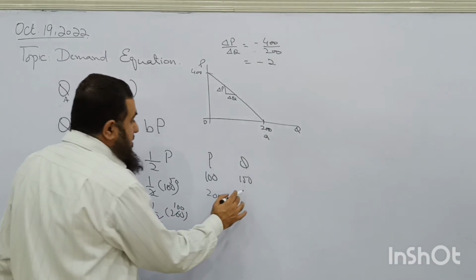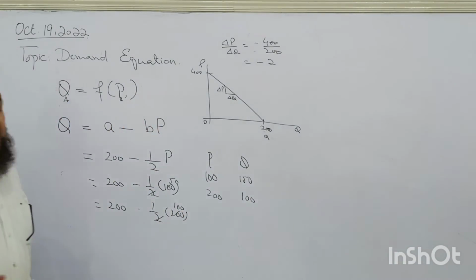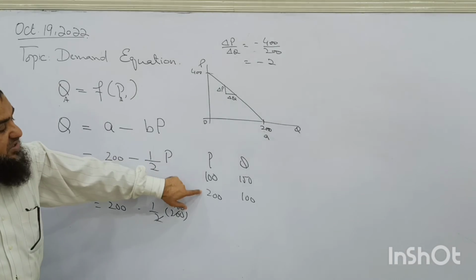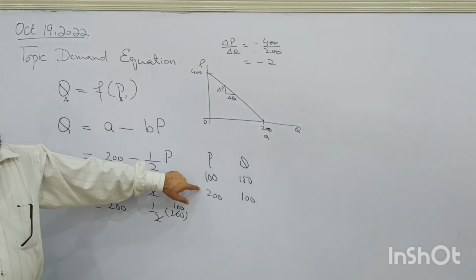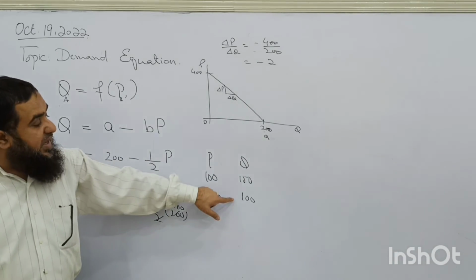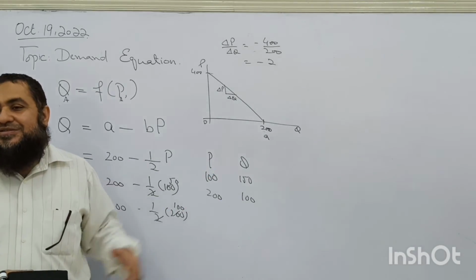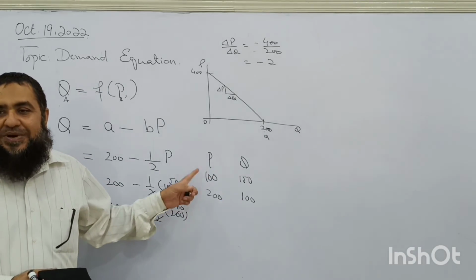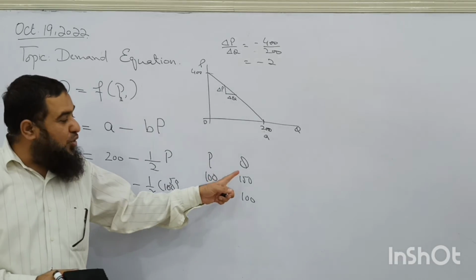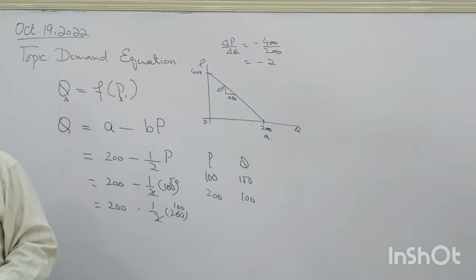This is now 100. Are we attentive? But how much has price changed? 100, and quantity has changed by 50, by half of the price. Price has increased by 100 rupees, but quantity has decreased by 50, and 50 is half of 100.